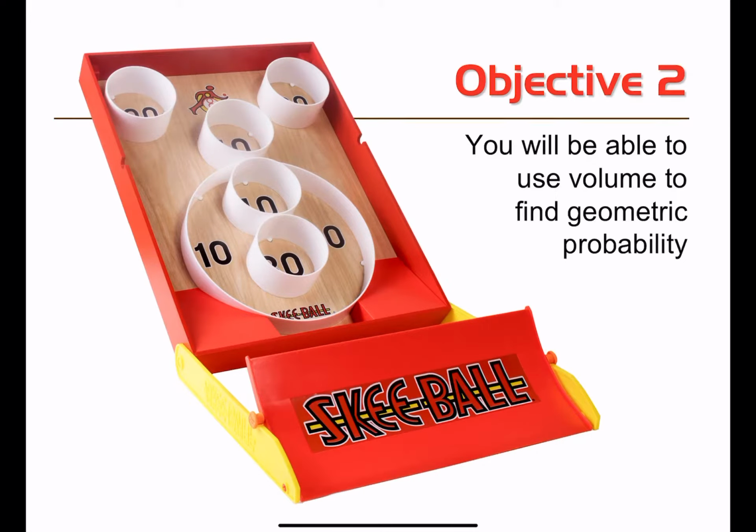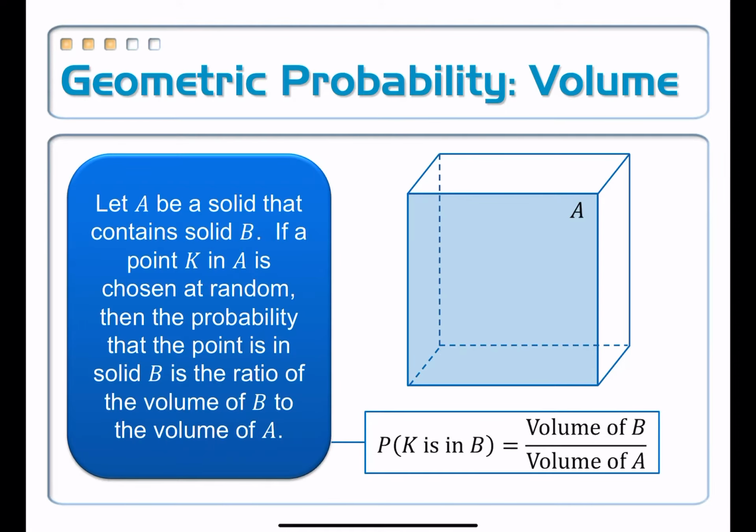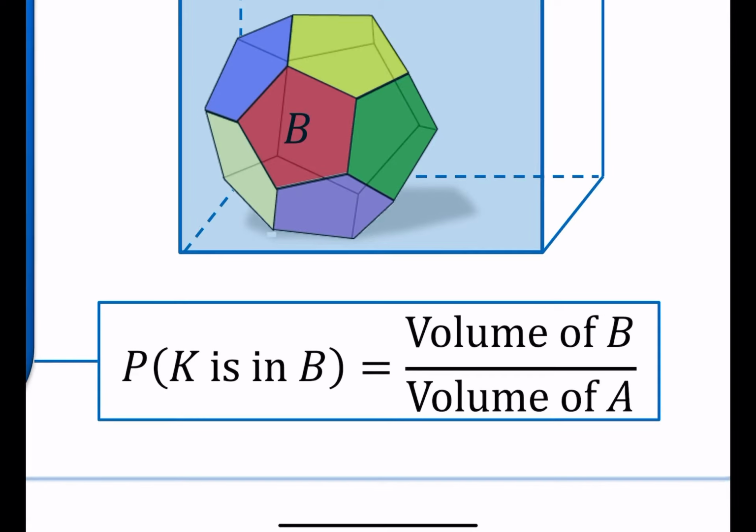If it's one dimension, then I use lengths. If it's two-dimensional, I'll use areas, and as you can see in this particular example, we're going to be using some volumes. Okay, so let A be a solid that contains solid B. If a point K in A is chosen at random, then the probability that the point is in solid B is simply the ratio of volume B to volume A. Right here is our little formula.